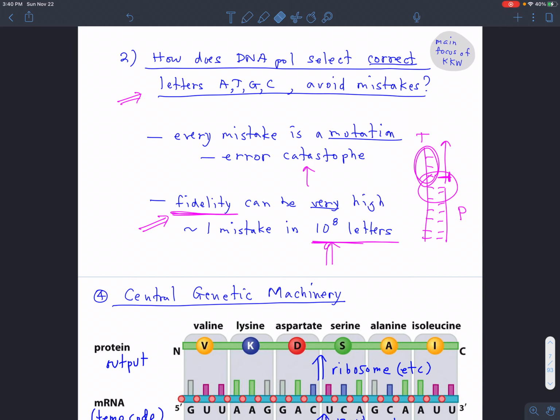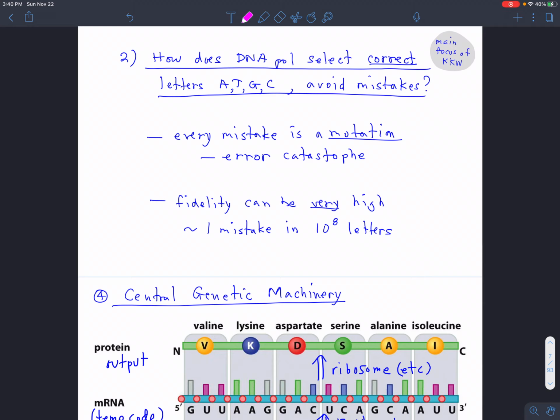It only wants one mistake in roughly 100 generations. And so it's put a lot of effort, so to speak, into making its polymerases really copy correctly. Well, how do they do that? 1 part in 10 to the 8th is a phenomenal level. 1 part in 100 million.